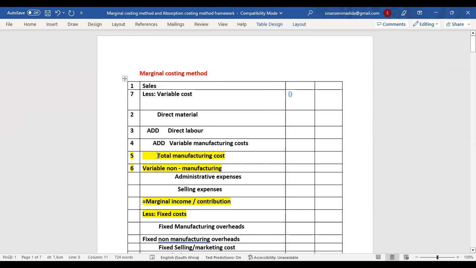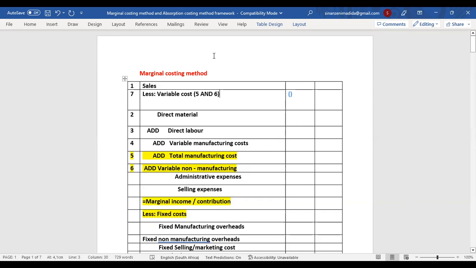Then after that, we add and get the total. After that, we move to our stage number 6. Also, we add the two totals, 5 and 6 together. The total that we are getting here, guys, for 5 and 6, goes to 7. So here on 7, remember we said we are adding our step number 5 and our step number 6. We are going to try and understand this in our example.